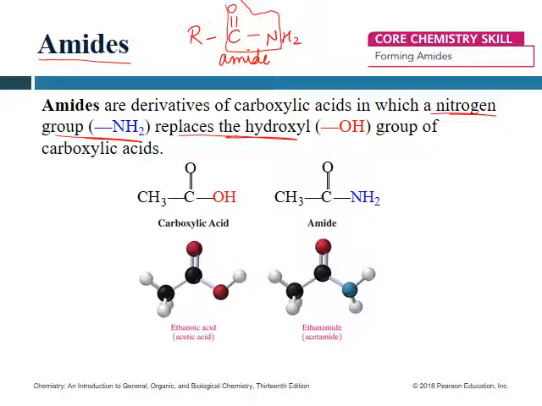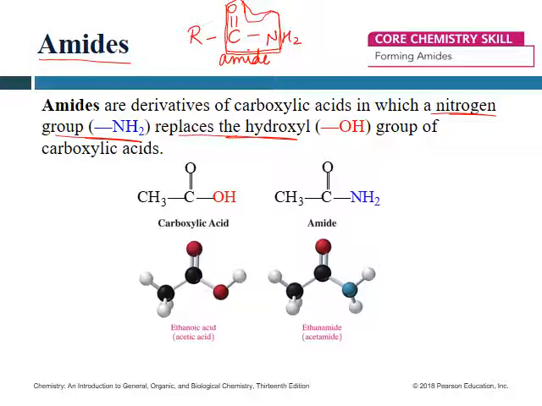What I mean by replacing is, you could replace both the hydrogens with another alkyl group, you could replace one of the hydrogens with an alkyl group, or you could replace all the hydrogens with alkyl groups. So what matters is this: as long as there is a C double bond O N bond, this is regarded as amide.